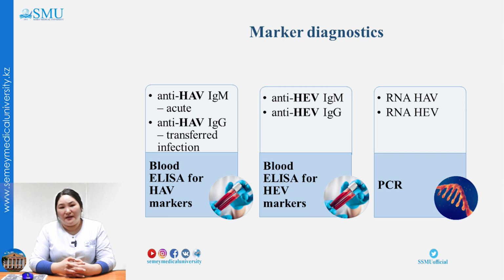And sometimes you can do PCR to find RNA of HAV. But for a confirmed diagnosis, finding IgM will be enough. And for HEV infection, the markers will be anti-HEV IgM and IgG, and by PCR, finding RNA of HEV.